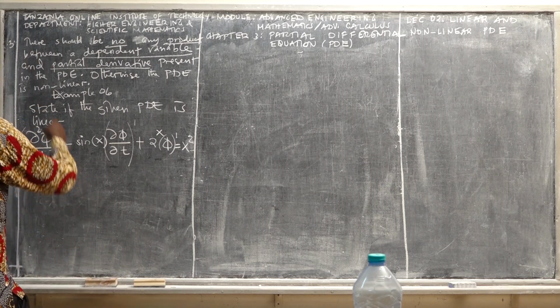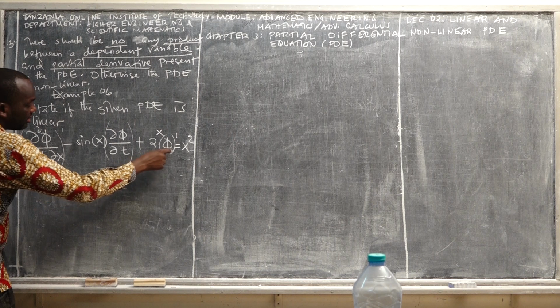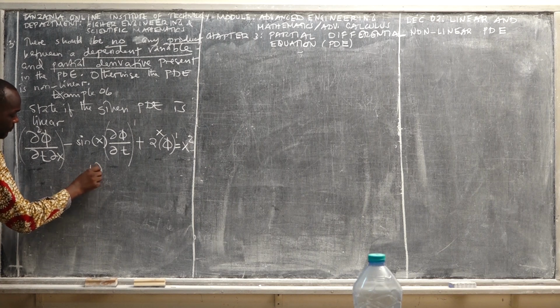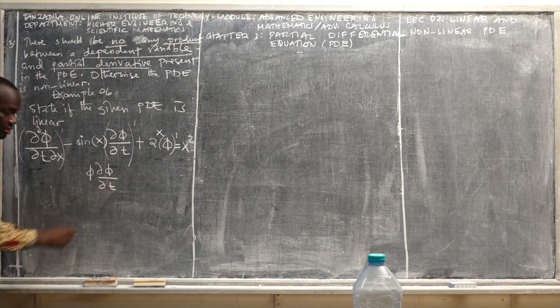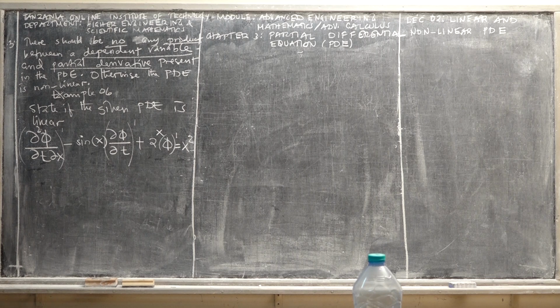The third condition says that there should be no product between a dependent variable and a partial derivative. This is the partial derivative, this is the partial derivative, this is the dependent variable. It means we don't expect to have, for example, psi times the partial derivative with respect to t. That is the product of a dependent variable and a partial derivative. Do we have that? No. So if you don't have it, we say it is linear.